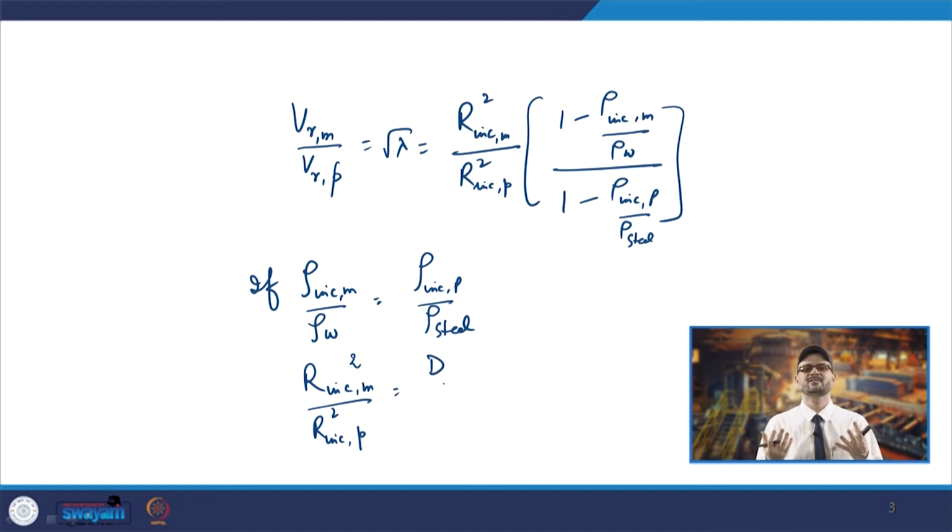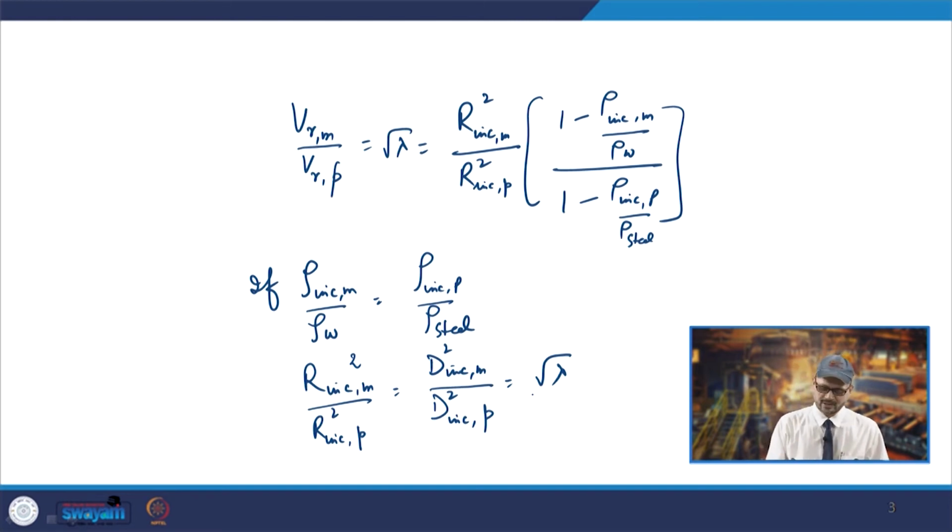Normally we define this in terms of diameter, so you can write diameter of inclusion of model by diameter of inclusion of the prototype, squared, and that will be equal to under root lambda. If you take the square root on both sides, R inclusion of the model will be lambda to the power 0.25 times R inclusion of the prototype.